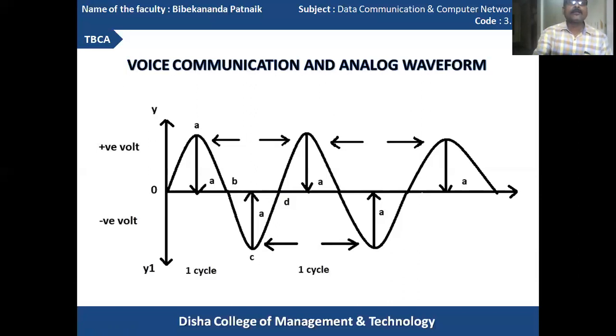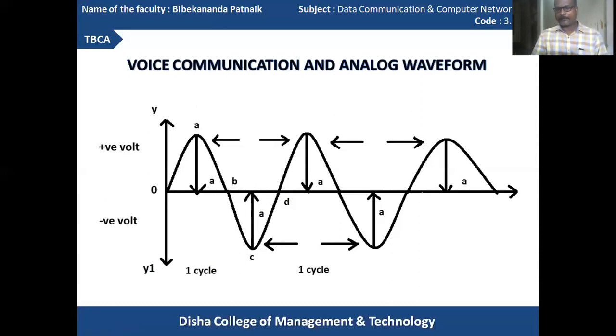So basically the A that is there is called A. A stands for amplitude, and this is the distance from 0 to plus volt, and again it has another A, that is again amplitude, from minus to 0 volt. This is basically called 0 to positive, and after that it falls down again to 0, and this is again 0 to negative and again returns to the subsequent 0 volt.